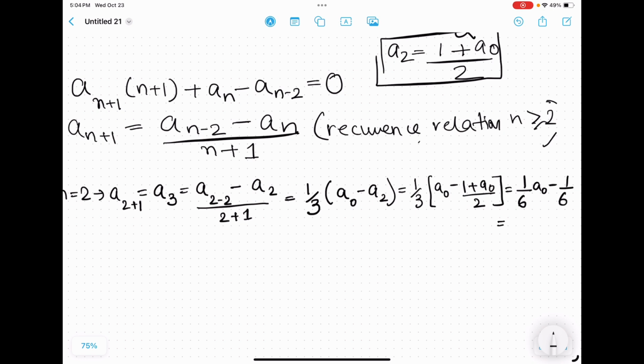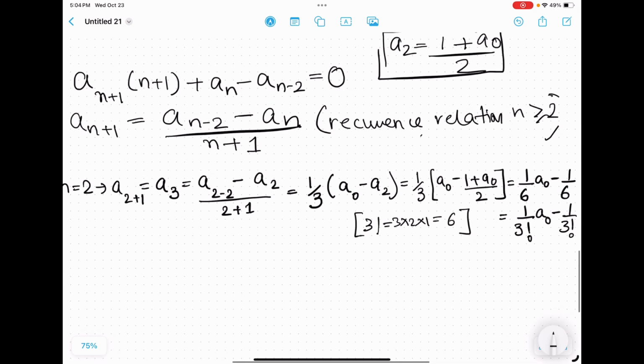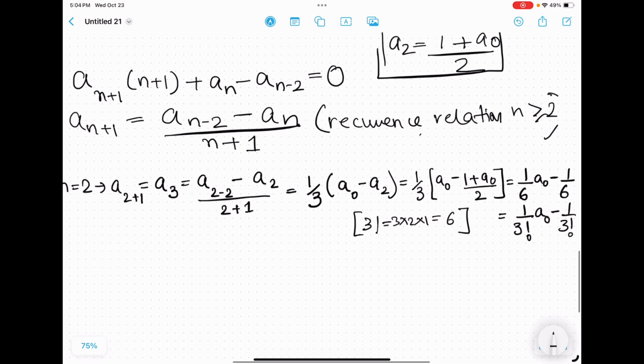Notice that 6 is the same thing as 3 factorial, so I have a sub 0 minus 1 over 3 factorial, because we know 3 factorial is 3 times 2 times 1, which is 6. It's just rewriting this. So that is what we have for a sub 3.